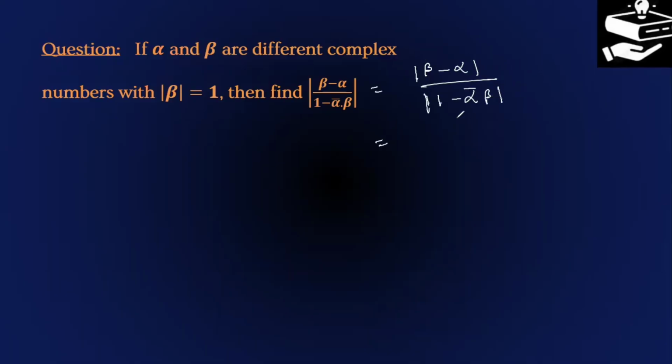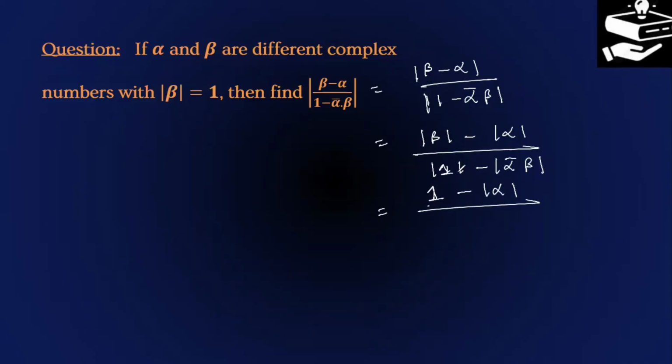Now we know that for the difference also we can separate this, mod of beta minus mod of alpha, by mod of 1 minus mod of alpha bar beta. Now mod of beta is already given as 1, minus mod of alpha I am keeping as it is. Here mod of 1 is nothing but 1 itself. Then minus mod of alpha bar beta, we can write as mod of alpha bar times mod of beta.